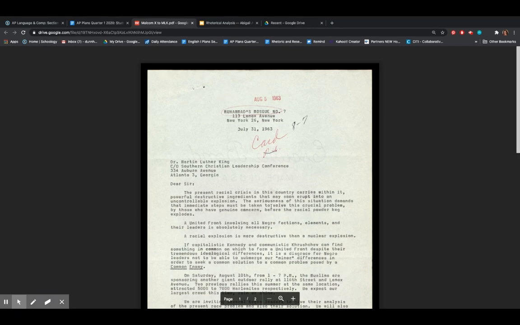And then think about, what does Malcolm X want? What is his motivation and his purpose for writing the letter? What sort of strategies does he use in order to convince MLK to do what he wants? And why might those strategies be effective for the audience? Okay, hopefully that gives you a good introduction to rhetorical analysis.